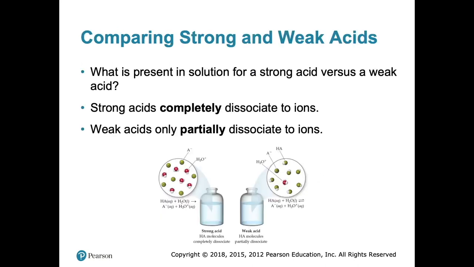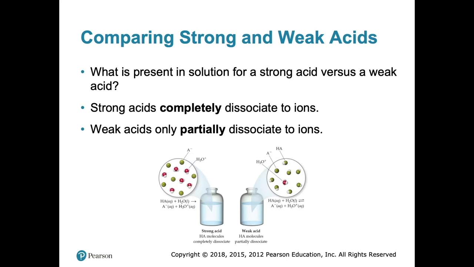So when you're comparing a strong acid and a weak acid, what is present in the solution for each? Strong acids, like I said a second ago, will completely dissociate into ions, whereas weak acids only partially dissociate. Here we have a strong acid, and half the particles are H3O and the other half is conjugate base.